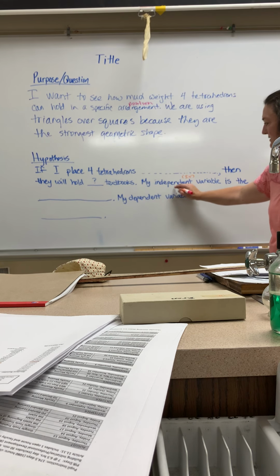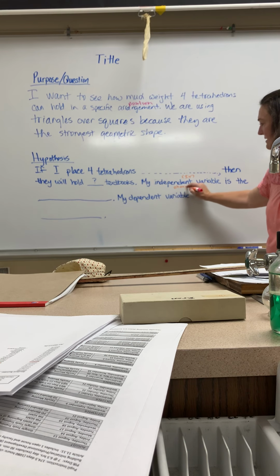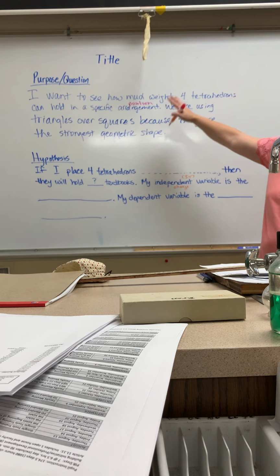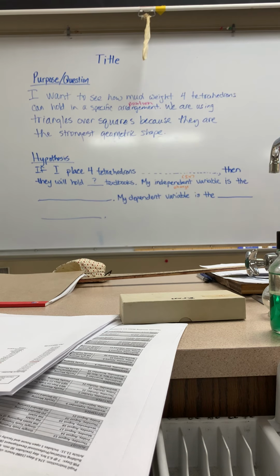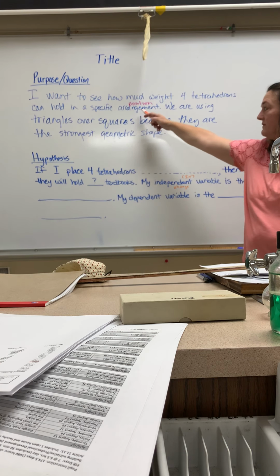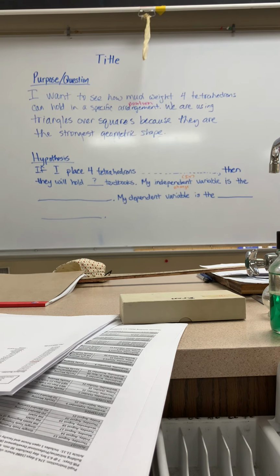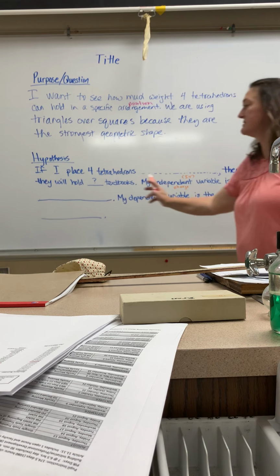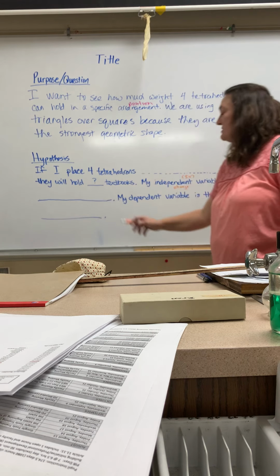And we remember from SpongeBob, that was the change that was happening. So your independent variable is the what? What's being changed? The class generated the statement of the position of the tetrahedrons. So you would write the independent variable is the position of the tetrahedrons.